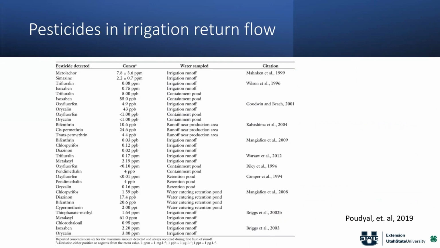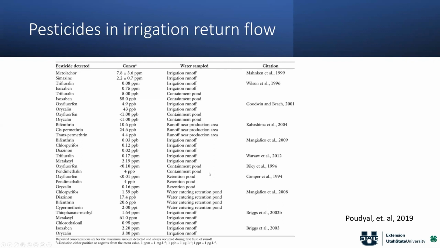Sometimes parts per million, ppm or mg per liter, but even then it's less than 1 ppm. When you look at this figure here, I adapted this from one of my published papers. For metolachlor in irrigation runoff, it was 7.8 parts per million. It was in the runoff, but when it went to the pond, it got further diluted, right?